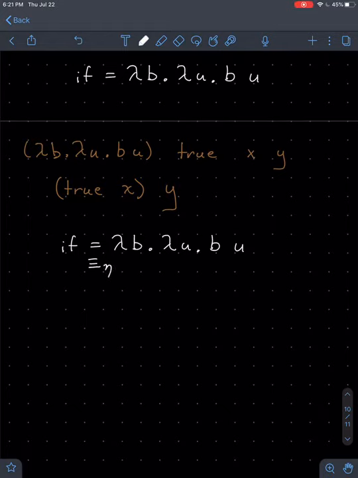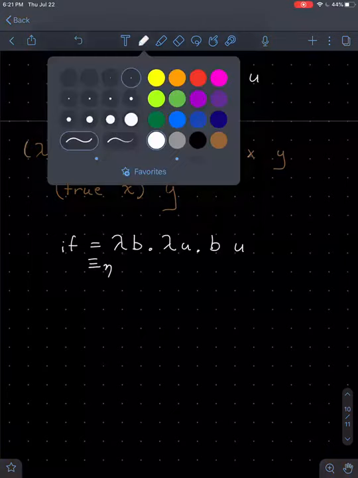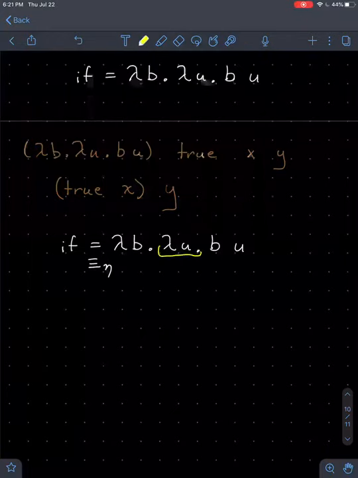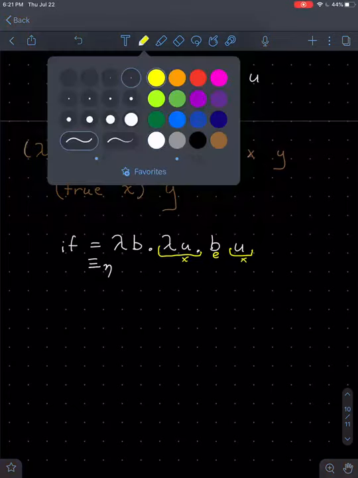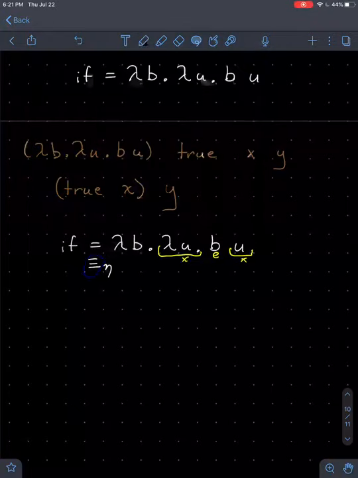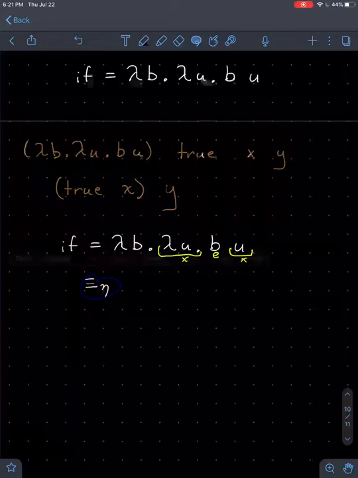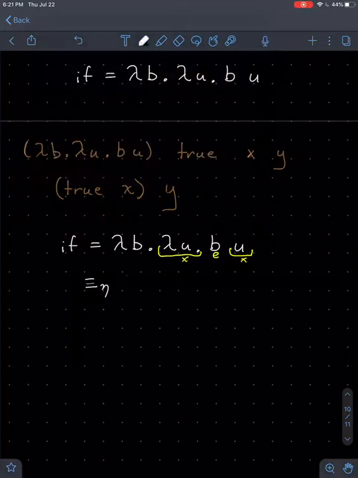Here we can do another eta reduction because we have lambda u and a u on the end with some expression e there. Okay, this fits the form again. So now under another eta reduction, we get lambda b dot b.